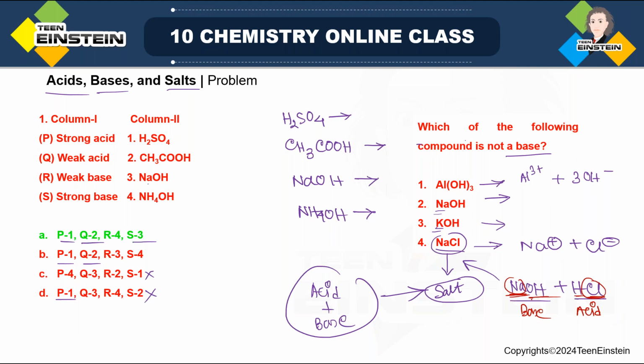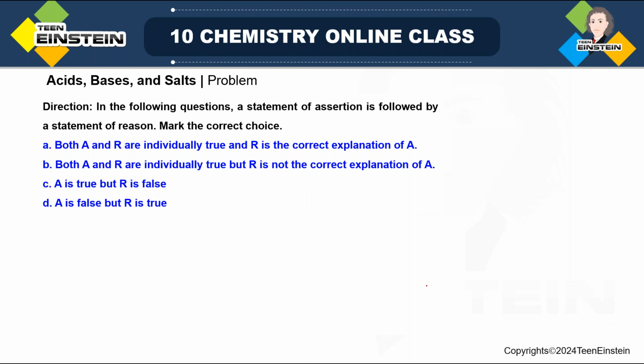As a definition, you can say salt is produced by the combination of acid and base. That we'll discuss later in this unit. But also in today's class, when we discuss the chemical properties of acids and bases, we will discuss this reaction between acid and base. Then you'll be able to understand salt once more. So the last compound is not a base, and that should be our correct option.